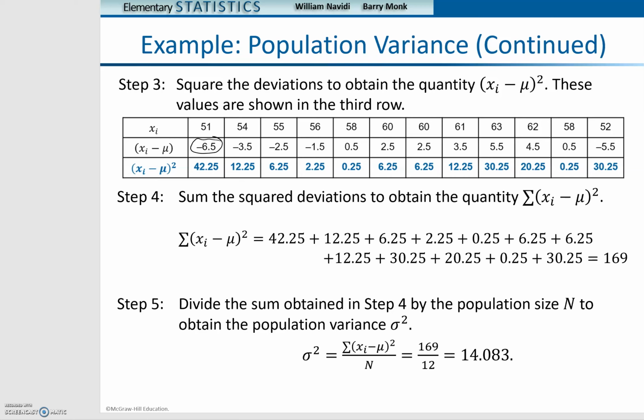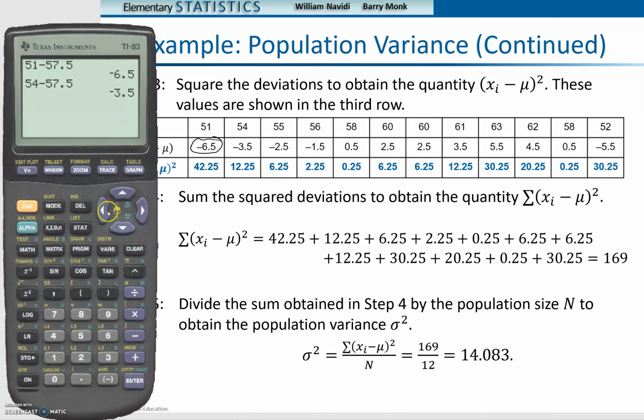I'm going to take minus 6.5 and square it. On my calculator, I can do negative 6.5 times a negative 6.5, and I get 42.25.